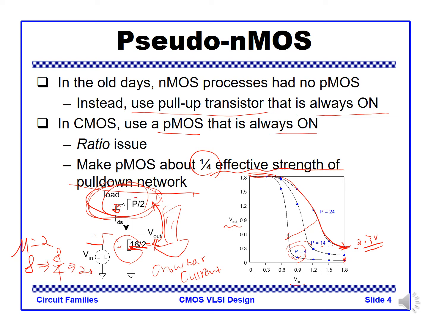So P needs to be designed to be 4. That corresponds to 1/4 of the effective strength of the pull-down network. With P equal to 4, you get a nicer transfer function. But again, the problem is that when you pull down the output, there's always non-zero current. I is not 0 for Vout equal to 0. This is a very critical problem.